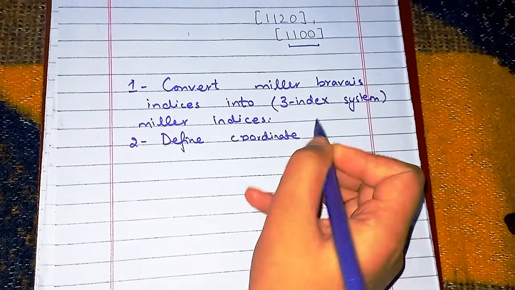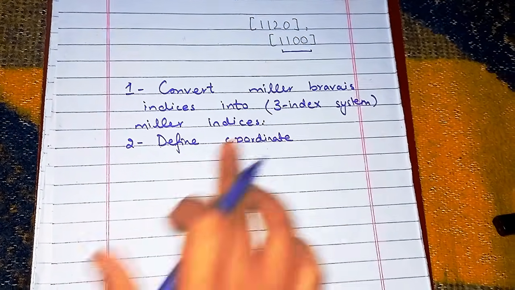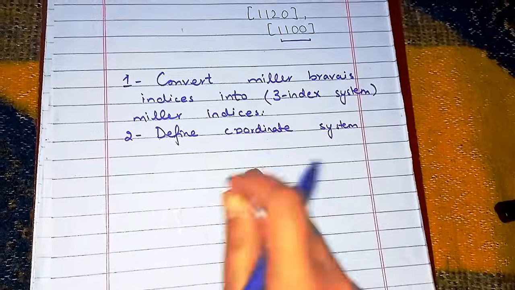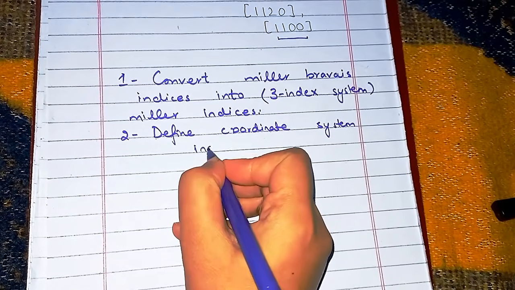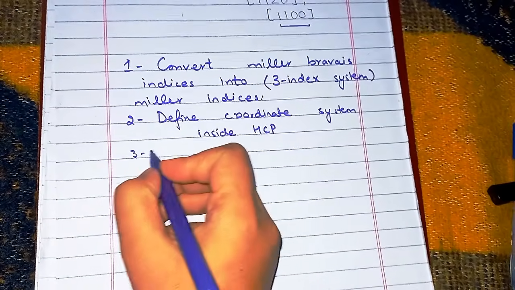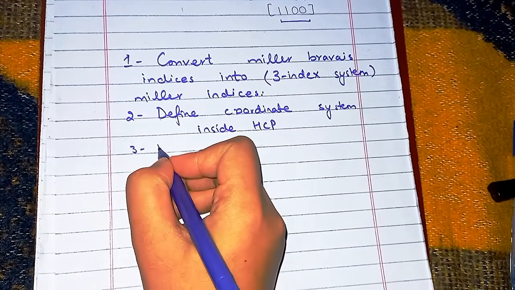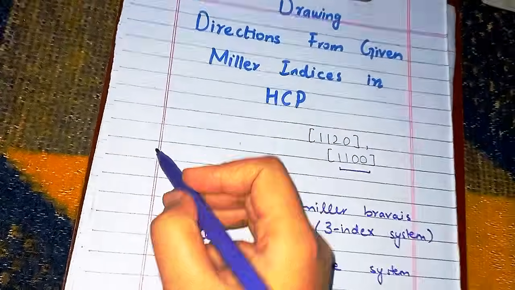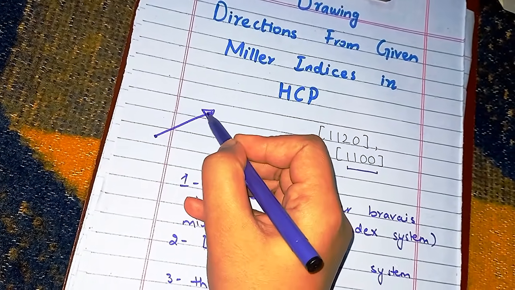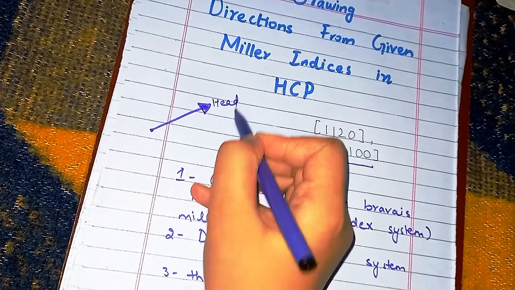Once we have found the indices, we have to draw the HCP unit cell, and we'll define the coordinate system inside HCP. After doing that, the direction vector has two main components: its head and its tail.